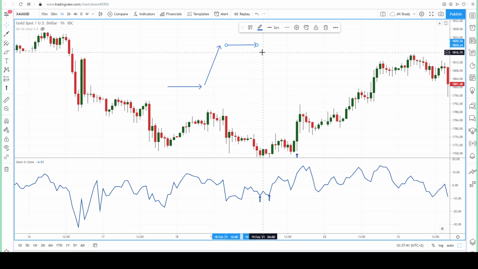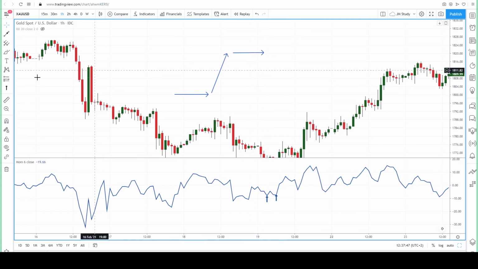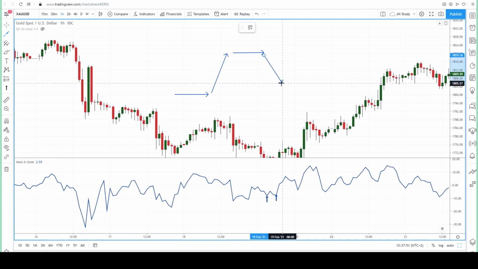So that's the distribution phase. And then the completion is the markdown. Here we go, the markdown, when the market is trending lower, and obviously the cycle will continue. There'll be a new phase 1, a new phase 2, and so on.